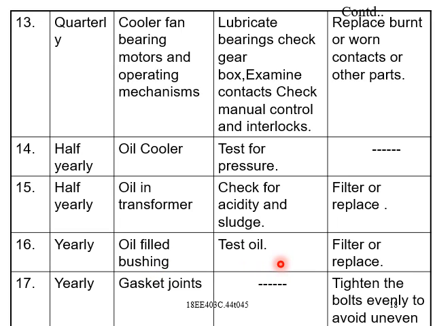Test the oil, and if any dust or sludge is observed, filter or replace. The 17th one is yearly maintenance, which is done for gasket joints. If any unsatisfactory condition is observed, tighten the bolts.